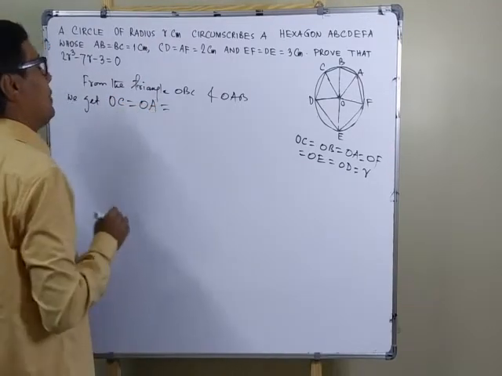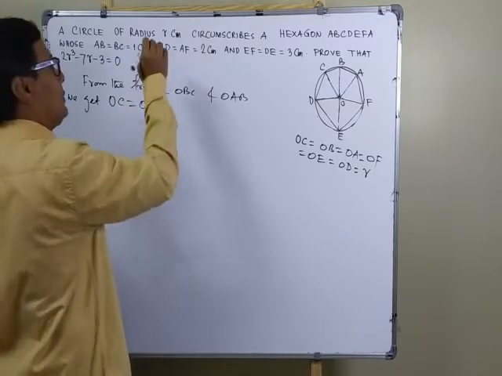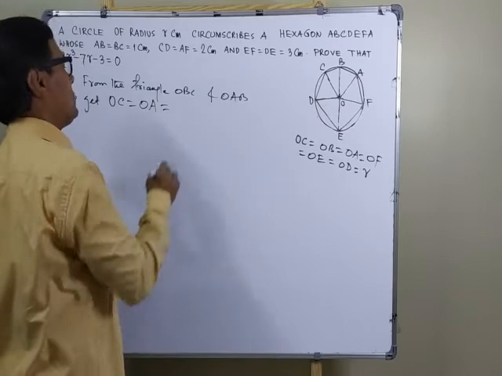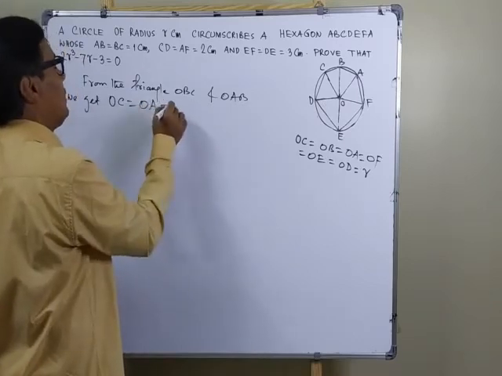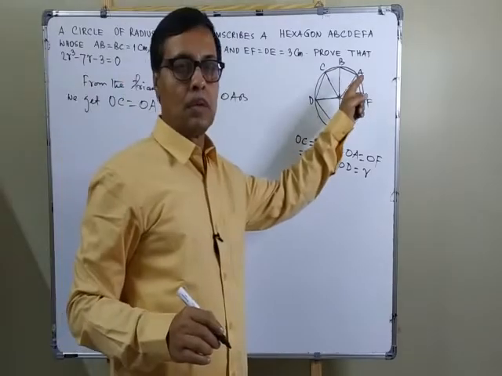Why? These are equal because these are the radii of this circle whose radius is r centimeter. So these are equal to r. So OC is equal to OA.